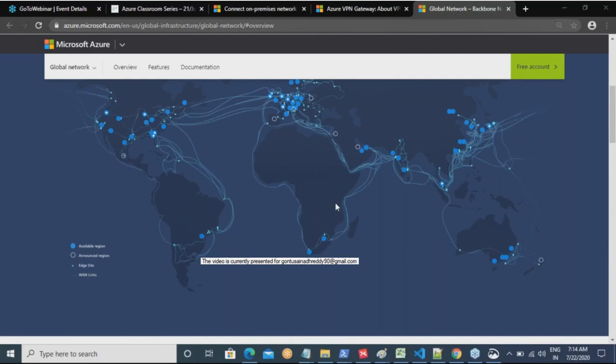Whenever you are dealing with VPN connections, you are using the internet. And using the internet, is it possible to get a consistent speed? No, we cannot get a consistent speed on the internet.